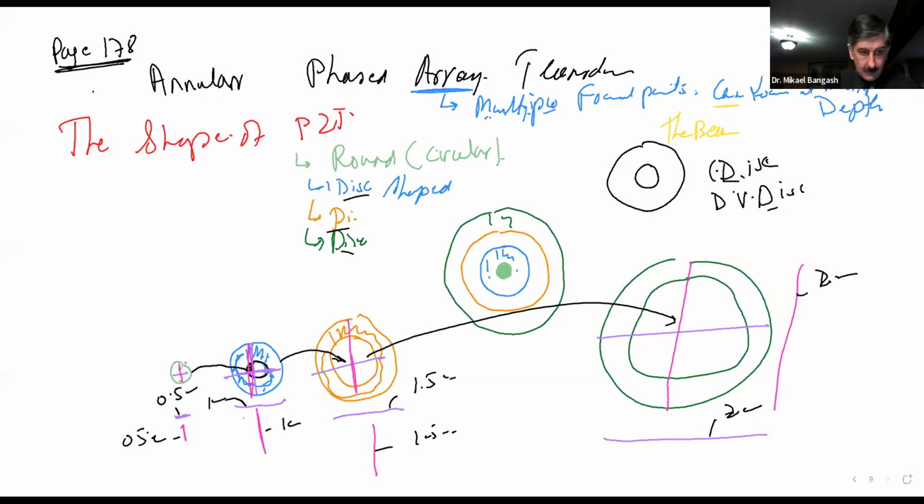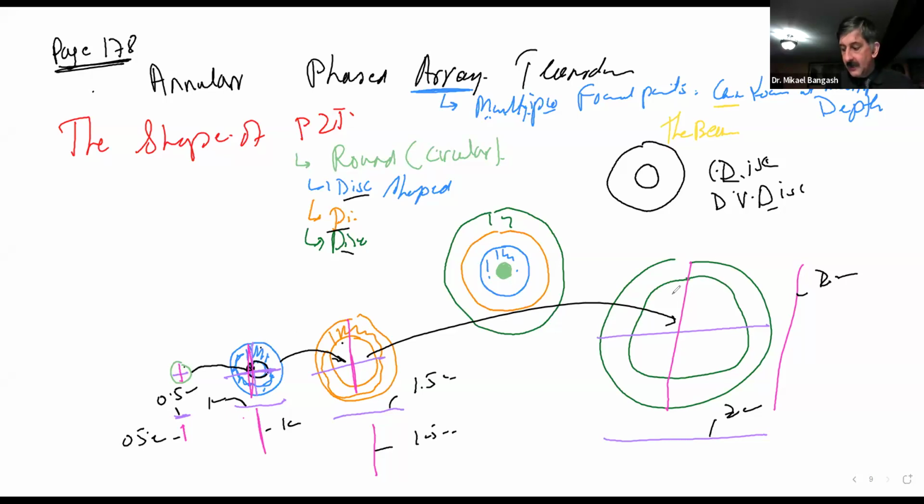But we can mainly say that the smaller piece of PCT fits into the bigger, where these all fit into the bigger.